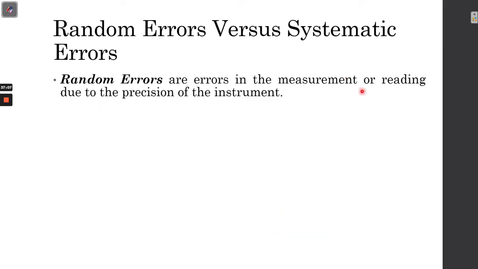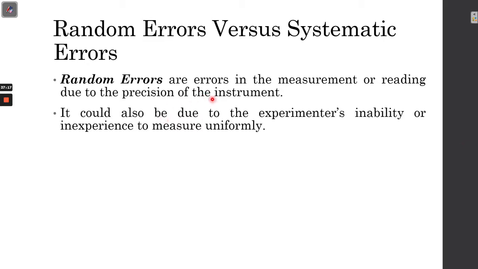Lastly, random errors versus systematic errors. Random errors are errors in the measurement or reading due to the precision of the instrument. So random errors happen because of the instrument. So yung precision ng instrument is mali, but it can also be because of the experimenter's inability or inexperience to measure uniformly.